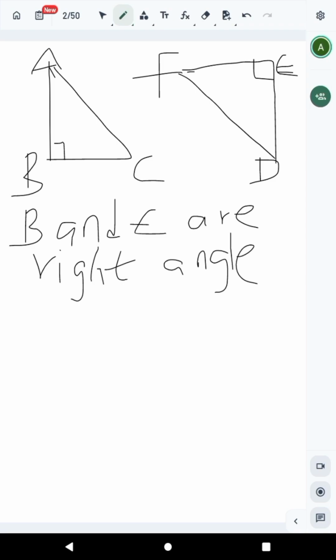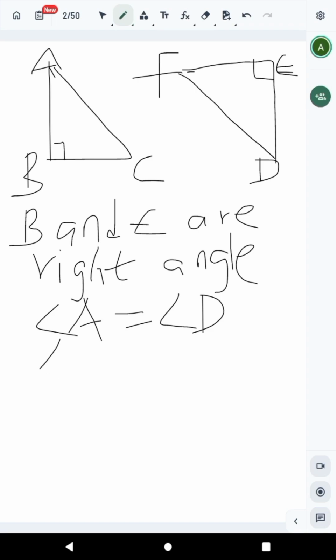So from this diagram, you discover that angle A is equal to angle D. Angle B is equal to angle E, which is the right angle.